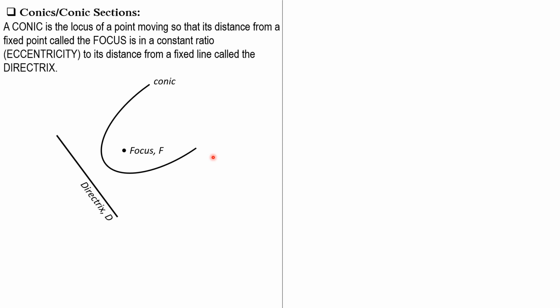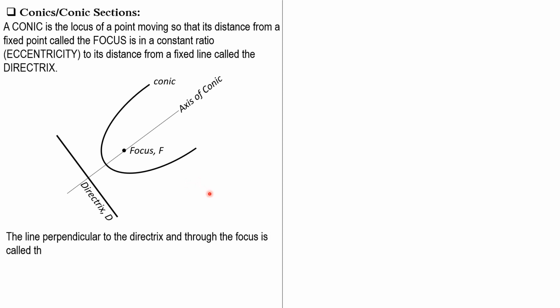Let's call that D. And the axis of the conic, which is perpendicular to the directrix through the conic and through the focus. So that's the axis of the conic. And the intersection between the axis of the conic and the conic itself is called the vertex of the conic.